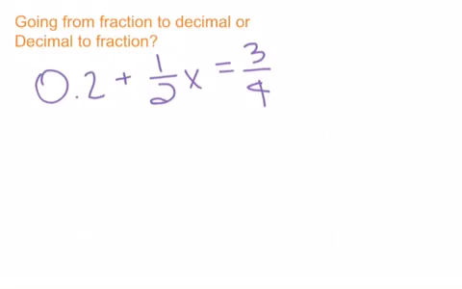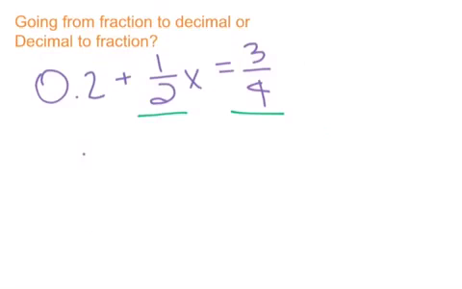Okay. You've got a decimal, fraction, fraction, right? So we have more fractions than we do decimals, so it would be an easier step if we just went from this decimal to a fraction, but you could also change these two fractions into decimals, but they all have to be like terms.